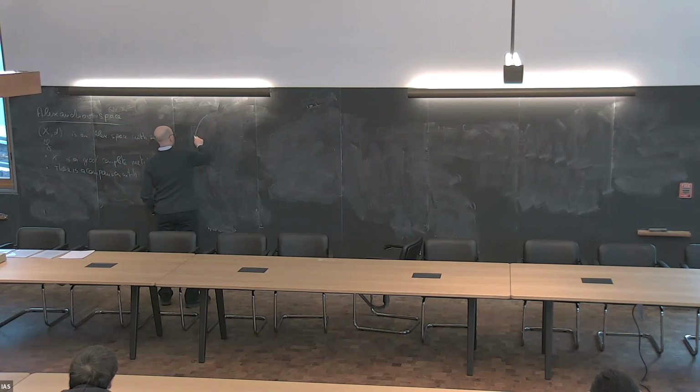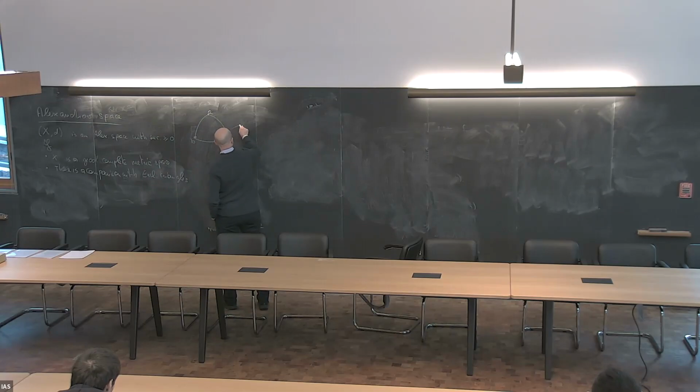So if I take three points A, B, and C, and I look at the corresponding triangle in the Euclidean space, which is the comparison triangle, so it's a triangle with the same side lengths. So these sides have the same length.